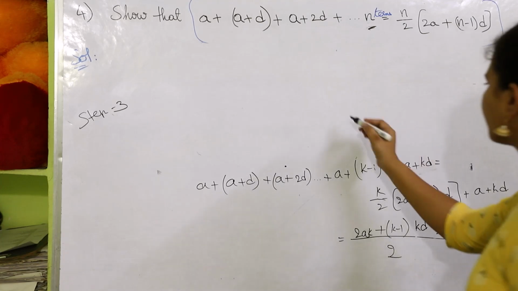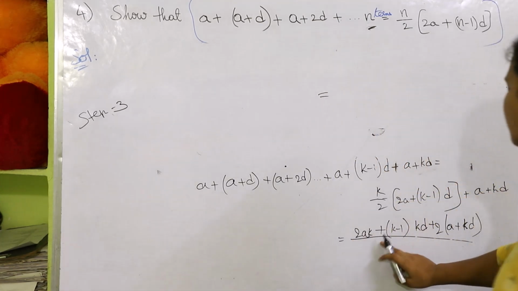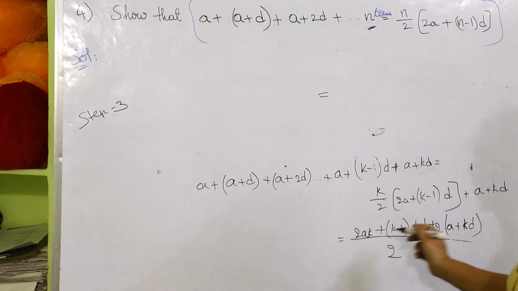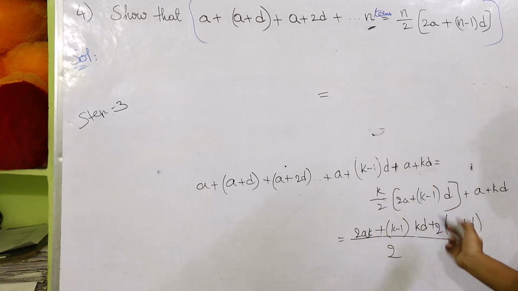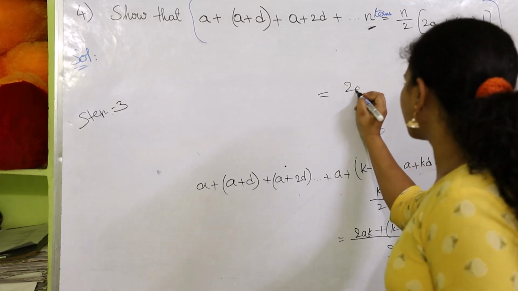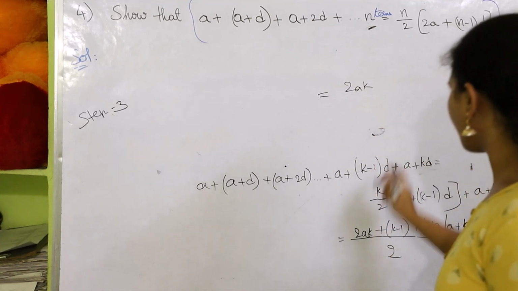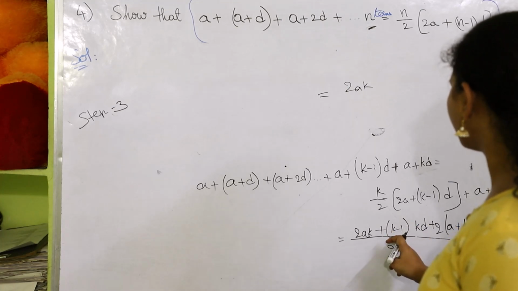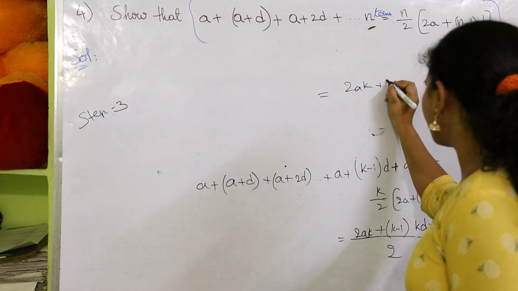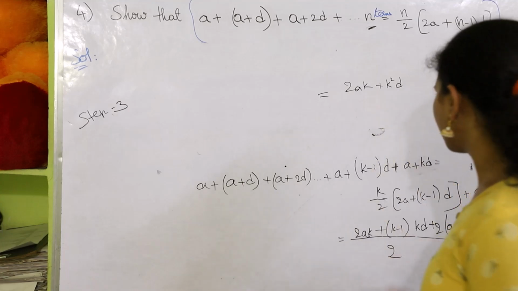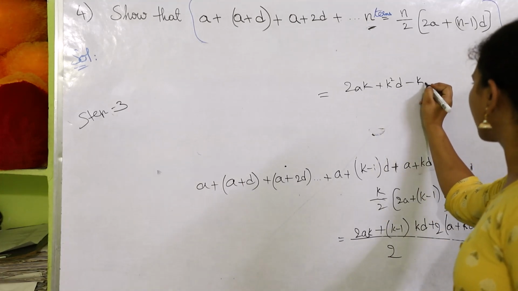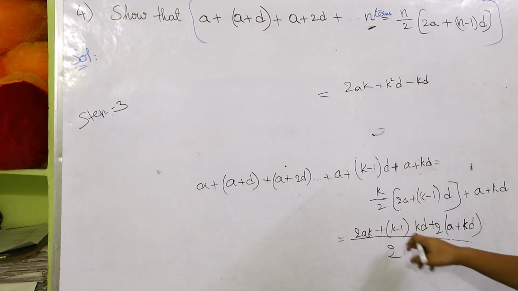Now guys, coming back to this, I am going to solve this equation. 2ak, then kd into k becomes plus k square d, and minus kd means kd into minus 1, minus kd.